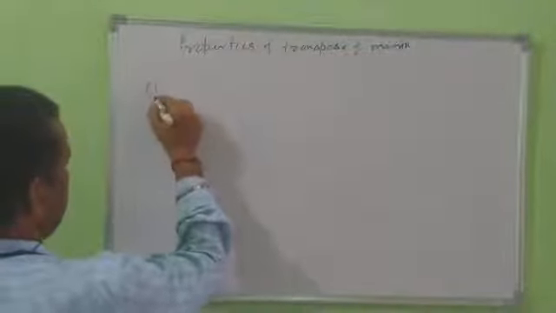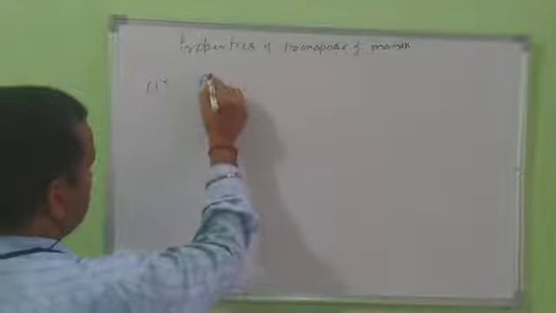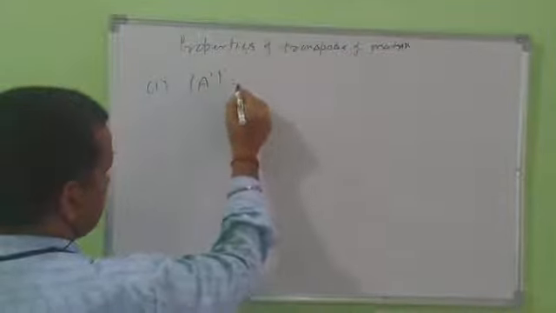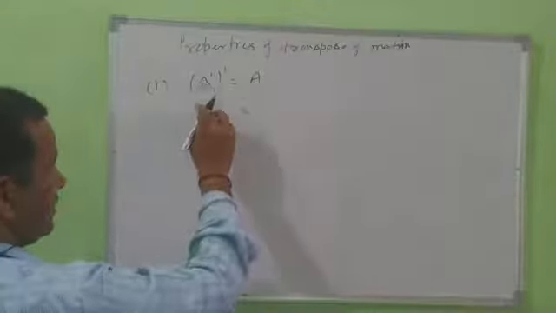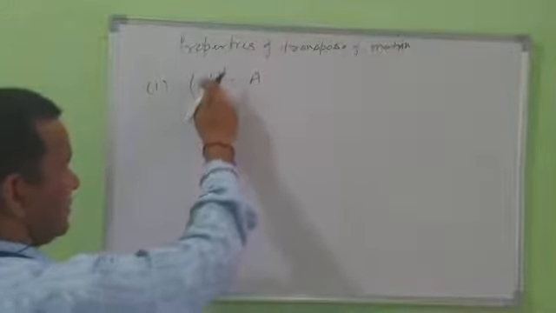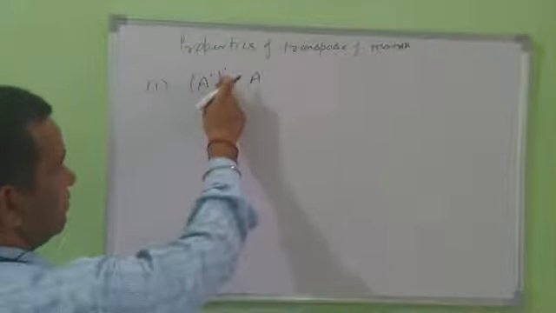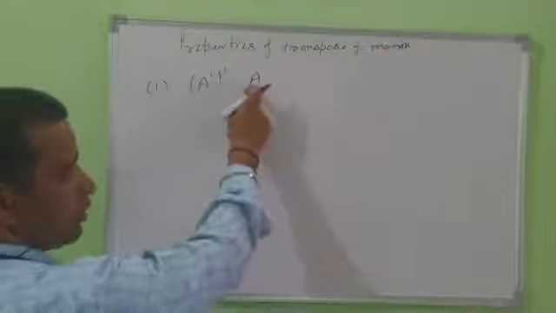The first property: suppose you find the double transpose of any matrix, then you get the original matrix. That is, you already have the transpose of the matrix, and you again find the transpose of it, then you will get the original matrix.